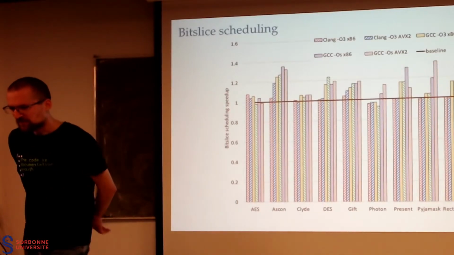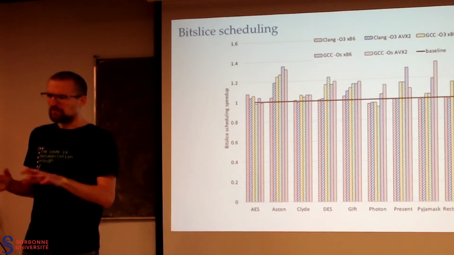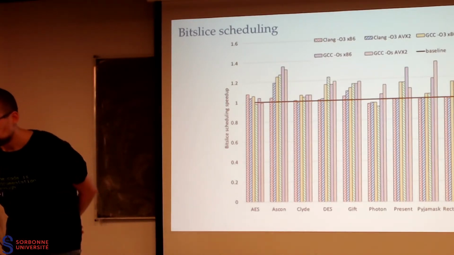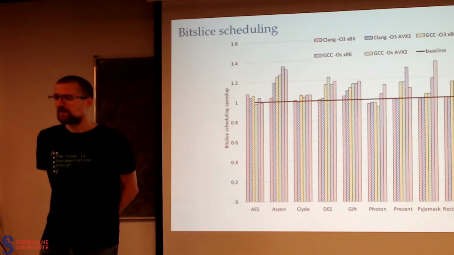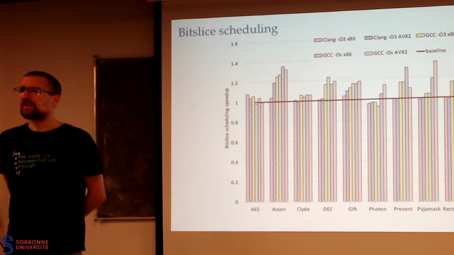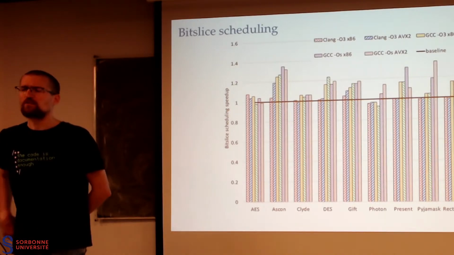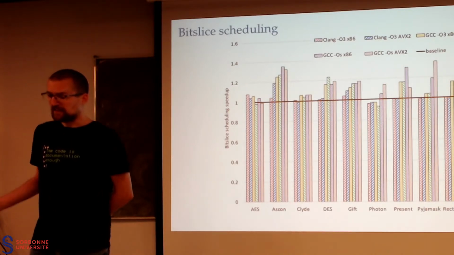Okay, great. So that's the performance of the bitslice scheduling, but for each compiler. In red, for instance, you have Clang with option -O3, and you can see that the interleaving is not efficient at all. The scheduling of bitsliced code does not bring anything.